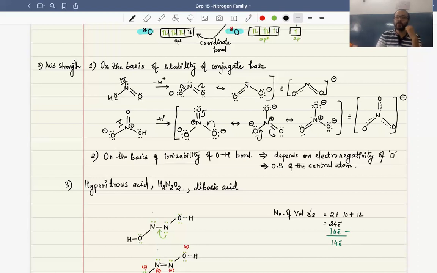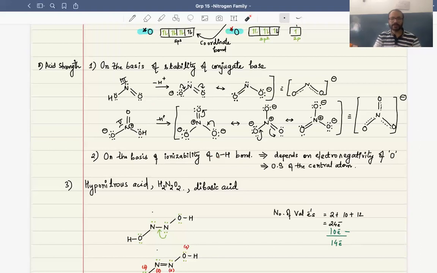So the more electronegative nitrogen is the one with the higher oxidation state. This makes the oxygen more electronegative on account of the higher oxidation state of this particular nitrogen atom, and therefore this OH bond is more ionizable, and this hydrogen more ionizable, and therefore nitric acid is more acidic than nitrous acid.